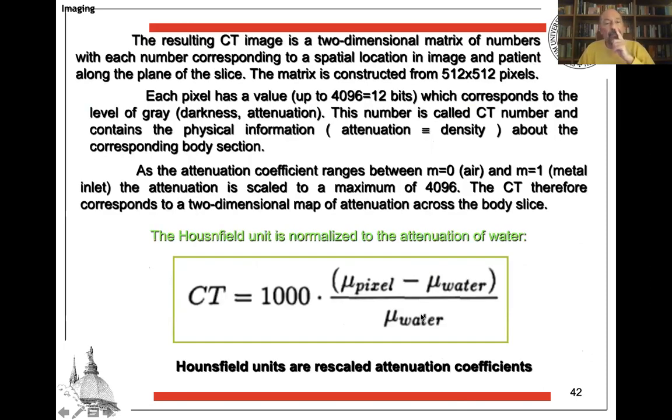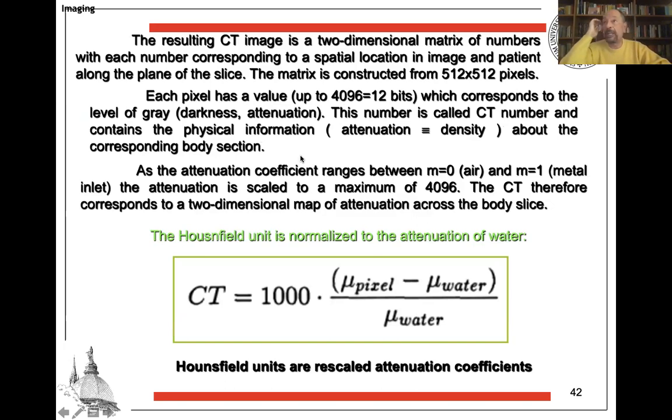Now, the important thing here is how we characterize the attenuation coefficient of the pixels, because we have this pixel and we have to build these numbers. So each pixel, if we use 12 bits, has a value up to 4096, which corresponds to a level of gray.